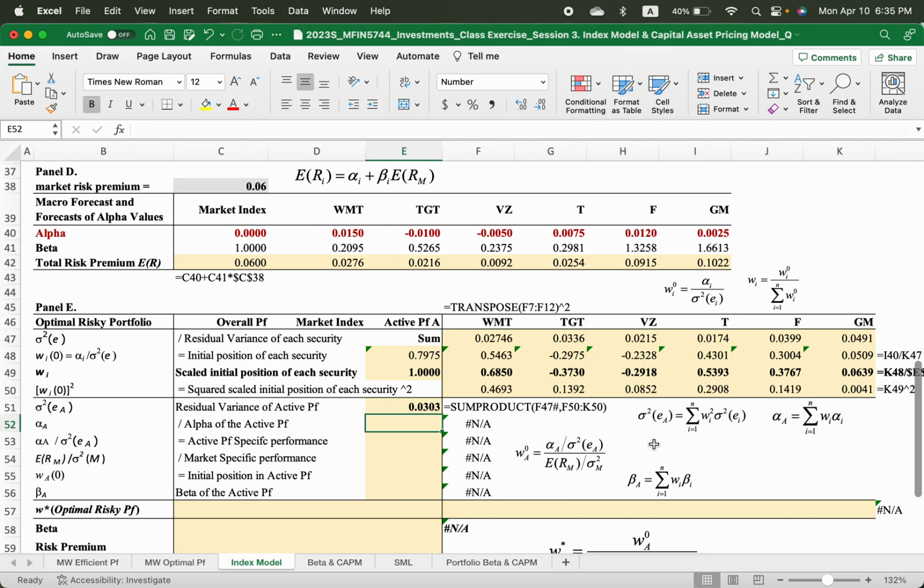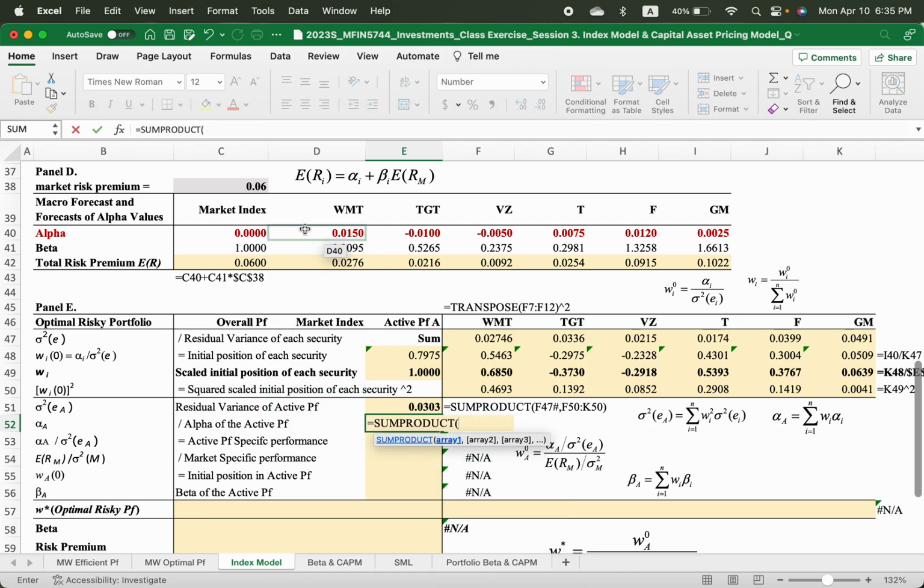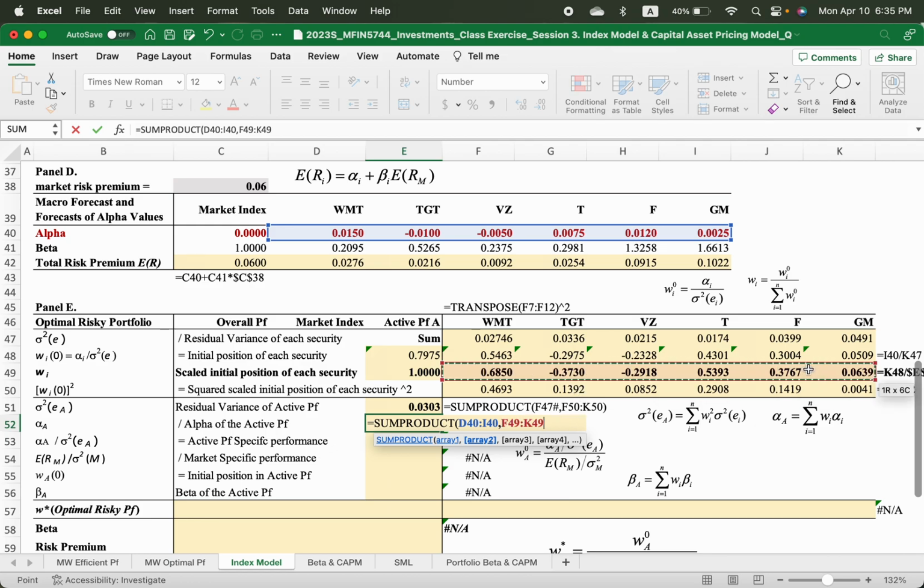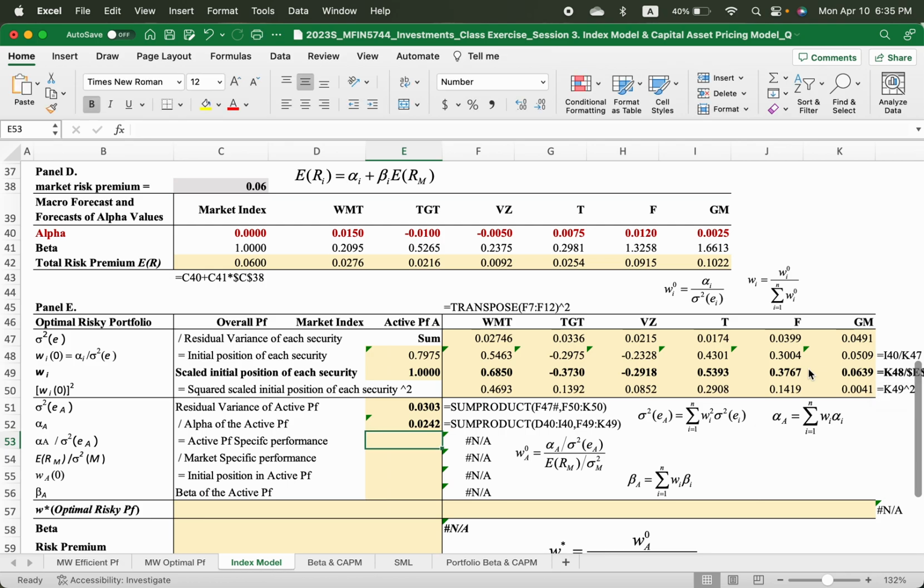We need to now calculate the alpha of this active portfolio, because we now have the weight, we have the alpha, so we can calculate, right? So here, also the same way, SUMPRODUCT of this alpha, comma, and then weight. So we have now here the alpha of the active portfolio.